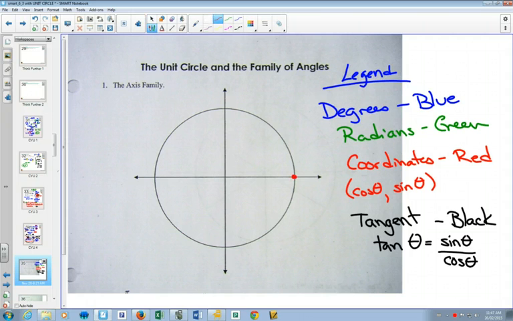So on the unit circle, with the intersection of the axes, those are the 4 points that will be on the unit circle, part of the axes family. If we think about degrees, this first point right here would be 0 degrees, or if we went all the way around, 360 degrees.